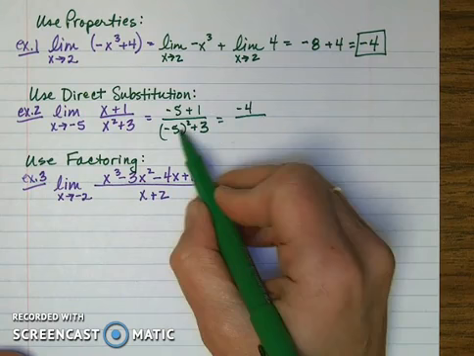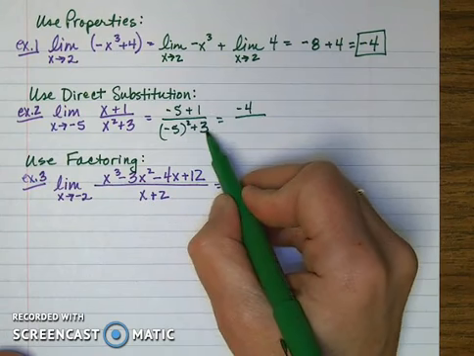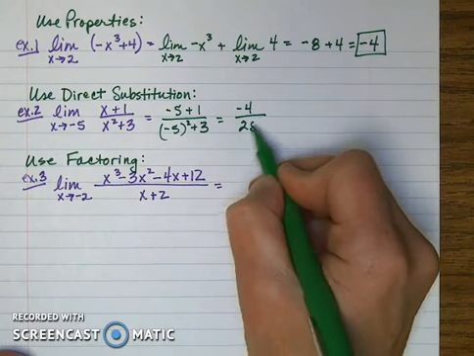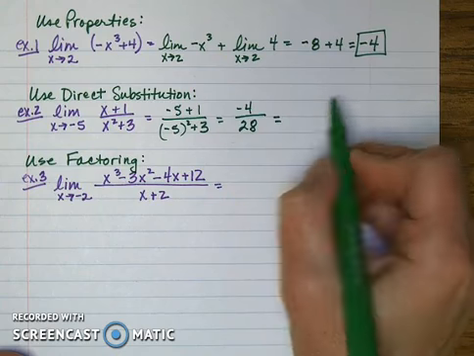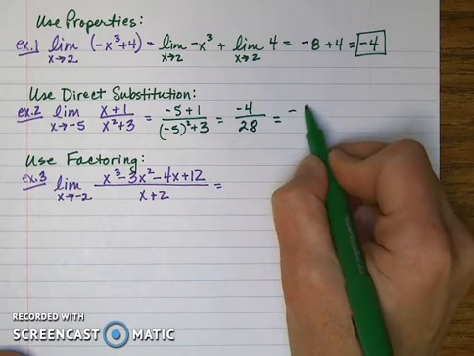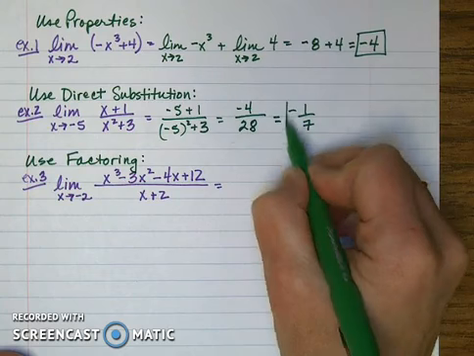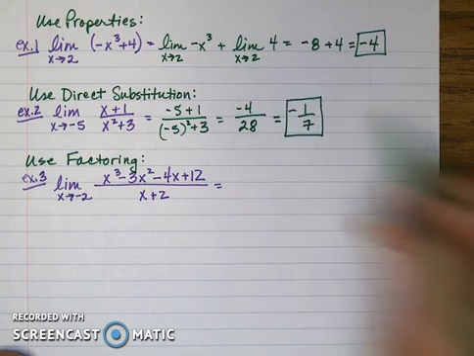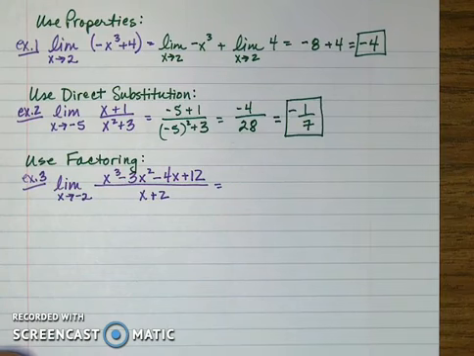That gives me a positive 25 plus 3 is 28. Simplify, negative 4 over 28 is negative 1/7. And again, you can verify these by graphing them if you so choose. Some of your exercises will ask you to solve using factoring.